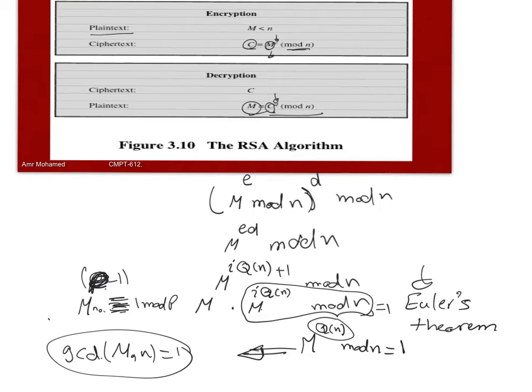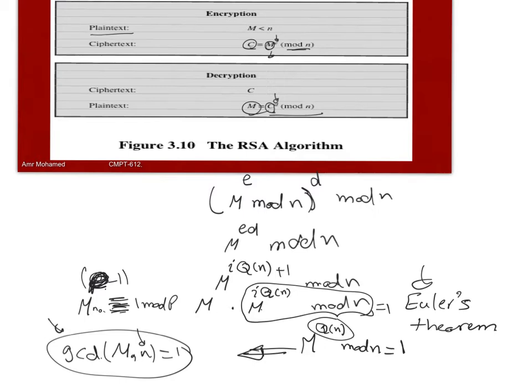Practically, I can get this condition very easily. Why? Because remember, these are 300 or 400 digit numbers. m can be any number of that size. n is only factorized as p and q, which means these are the only two numbers that are not supposed to be factors of m. If they are not factors of m, then this GCD condition is achieved easily.